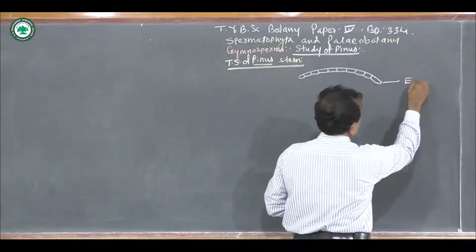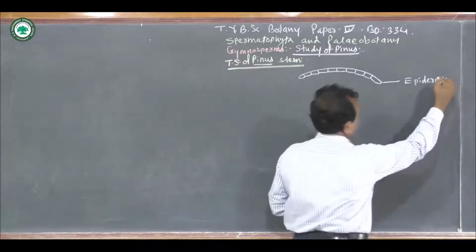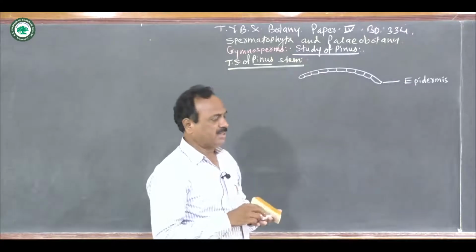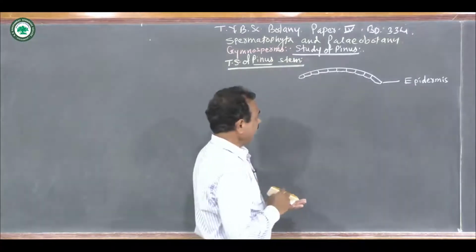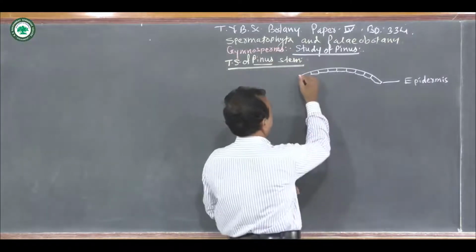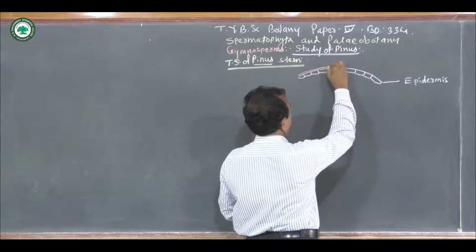The cells are barrel shaped and compactly arranged without intercellular spaces. This epidermis is covered by a thick layer of cuticle.